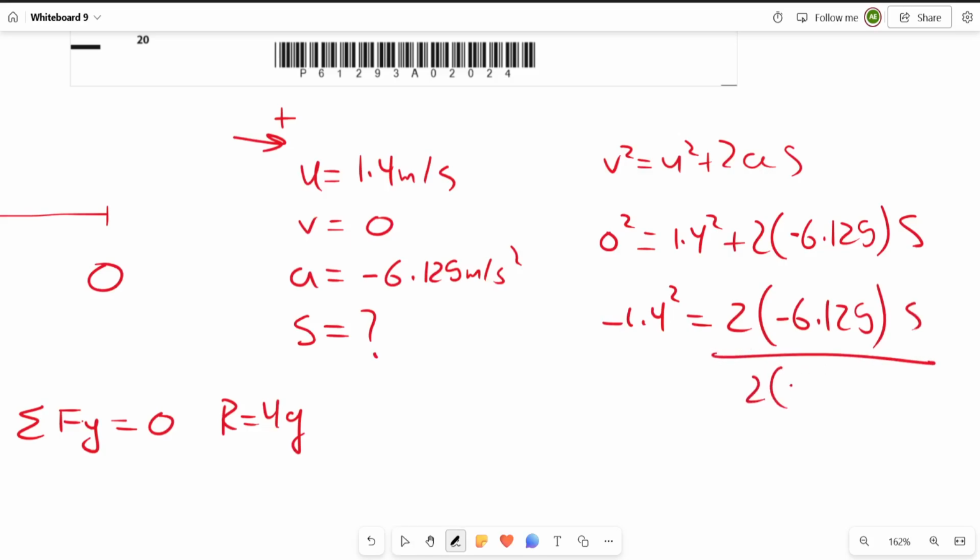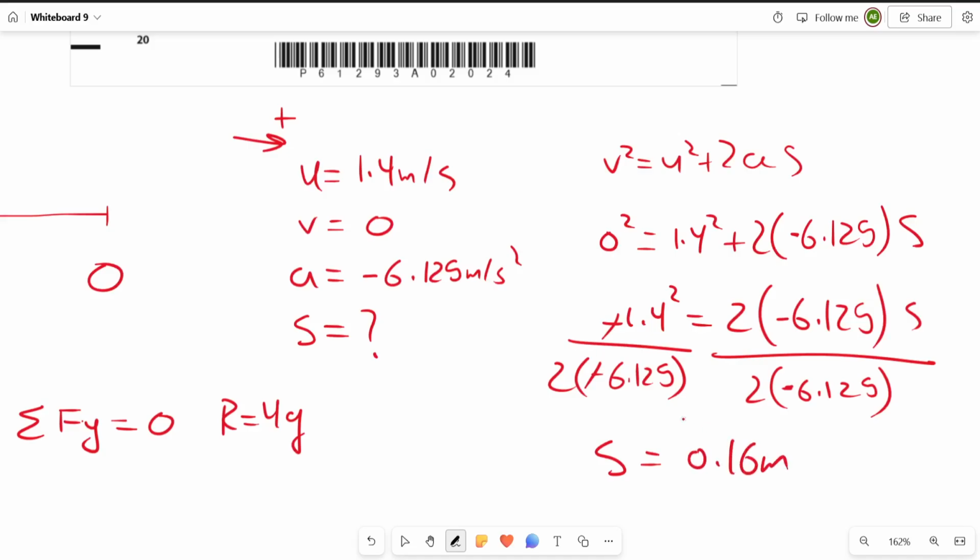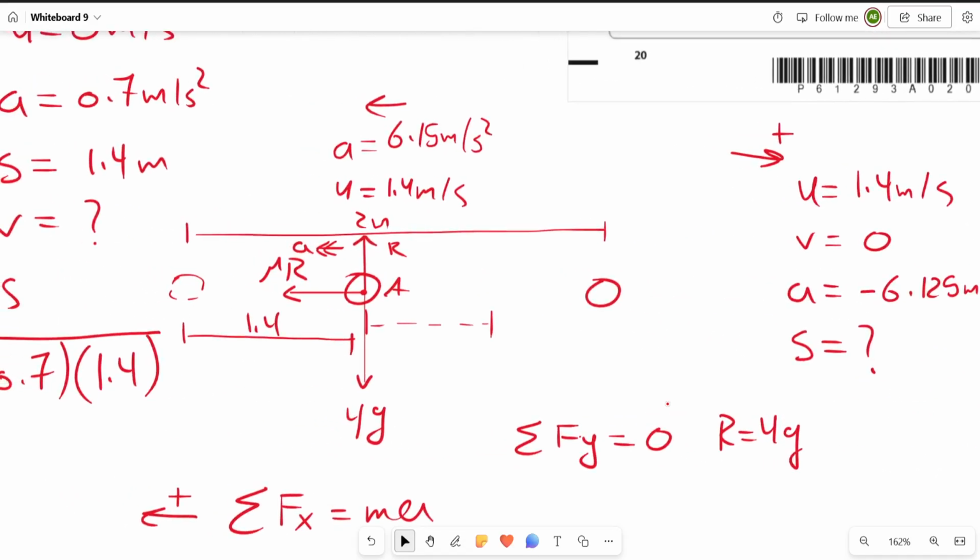Divide both sides by 2 times negative 6.125. This is going to cancel with this. Putting this in the calculator is going to give you an s value of 0.16 meters. So that tells me that A continues to move after the string is slack, after the tension is gone, and is going to continue moving 0.16 meters until it comes to a complete stop.